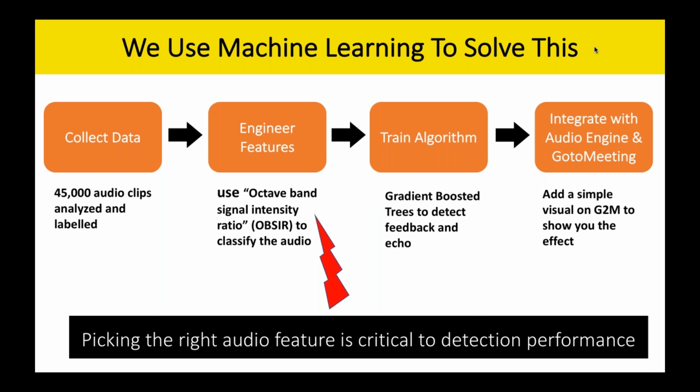But we figured we have a decent shot at this problem with machine learning because detecting the presence of feedback and echo in the audio stream is actually a really simple problem for human beings, right? Like you and me, when we're on a meeting, when we hear the feedback or the echo, there's no doubt we can figure it out.